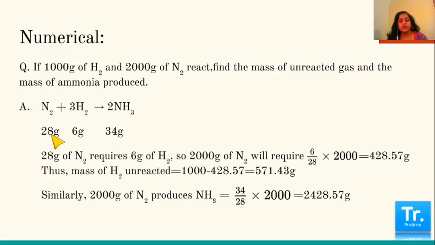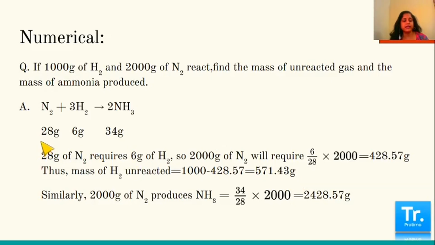So we know that we have to calculate hydrogen, nitrogen and ammonia as well, so we have written all the three. If 28 gram of nitrogen requires 6 gram of hydrogen, given 2000 gram of nitrogen will require only this much gram of hydrogen. So what is the unreacted part? 1000 given, minus what is used, so 571.43 gram of hydrogen is unreacted, unused.